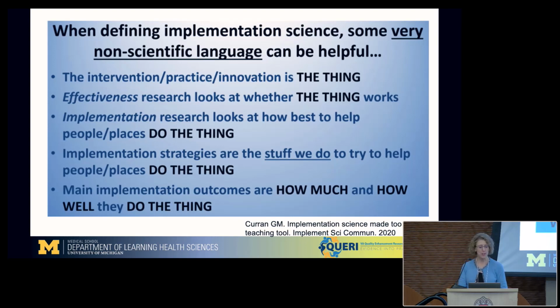Implementation strategies, which I think Anna, you brought up earlier, are the stuff we do to try to help people and places do the thing. And then most implementation outcomes focus on how much and how well you do the thing. So your primary outcome for a typical implementation study is the uptake of the treatment itself, and the secondary outcome is whether or not patients benefited.